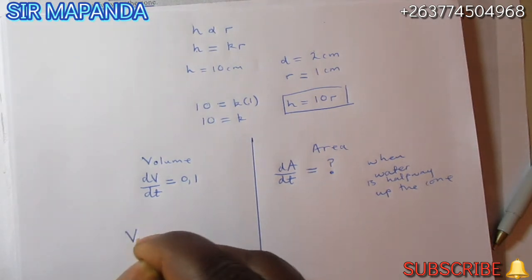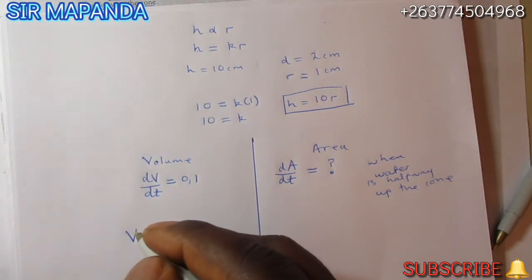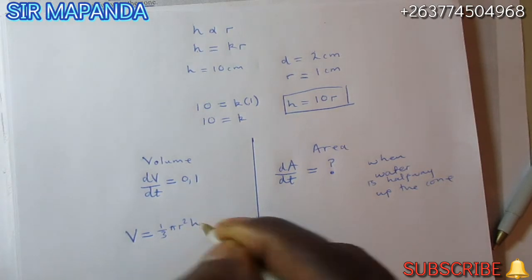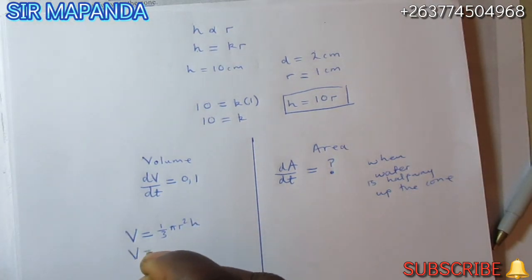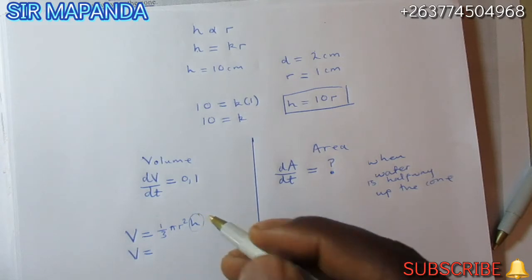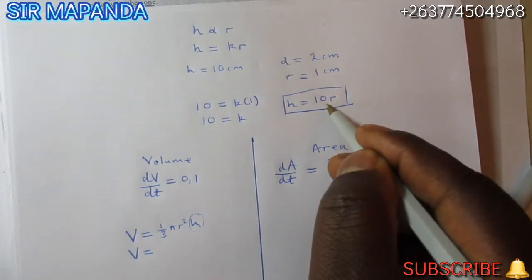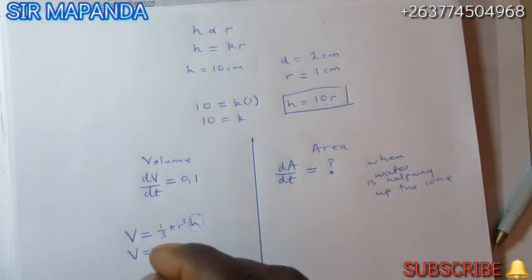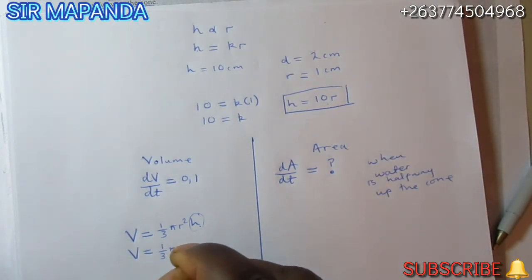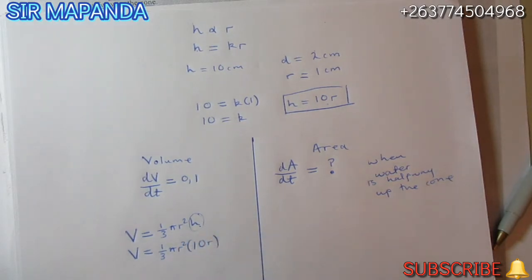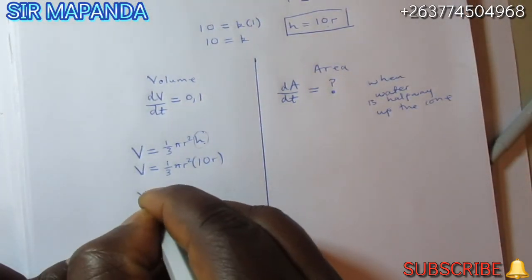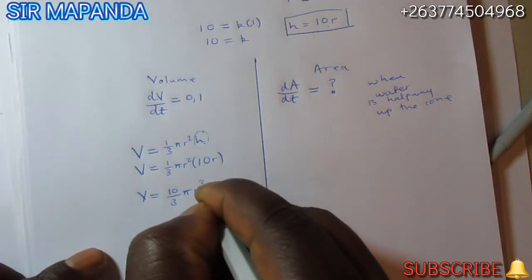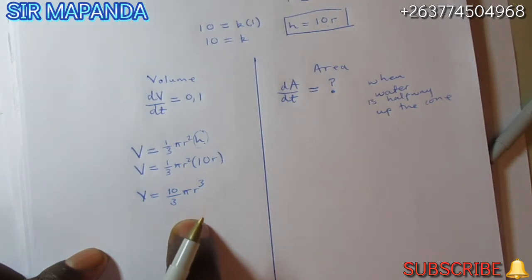This is achieved by writing the formula for the volume of the cone, which is 1/3 pi r squared times height. After that, you need to remove this h and replace it with 10r. Remember, h is equal to 10r from the proportion, right? So I'm going to put 1/3 pi r squared, then you put 10r on h. So if you multiply, you get 10/3 pi r cubed, which is your volume, right?